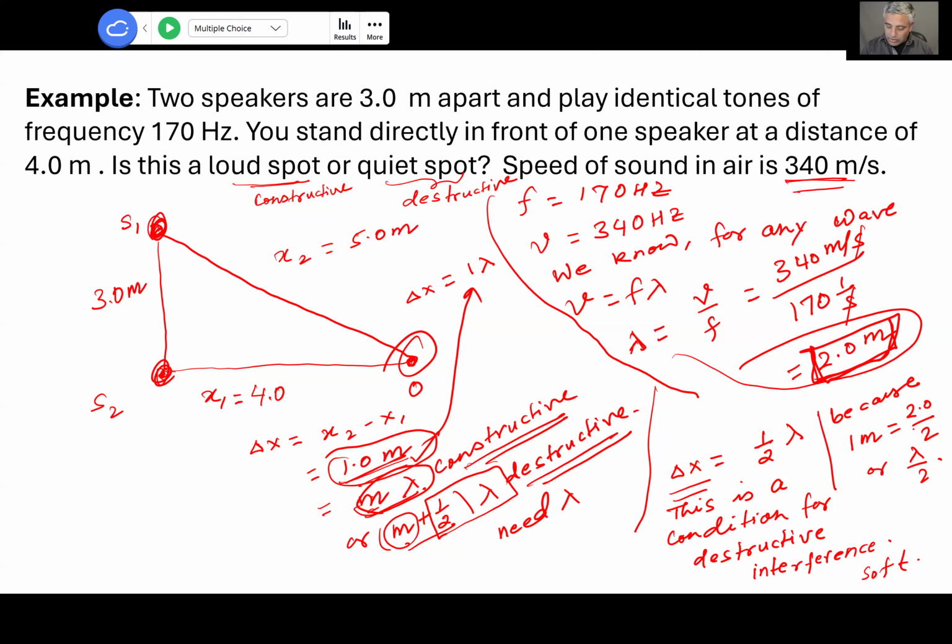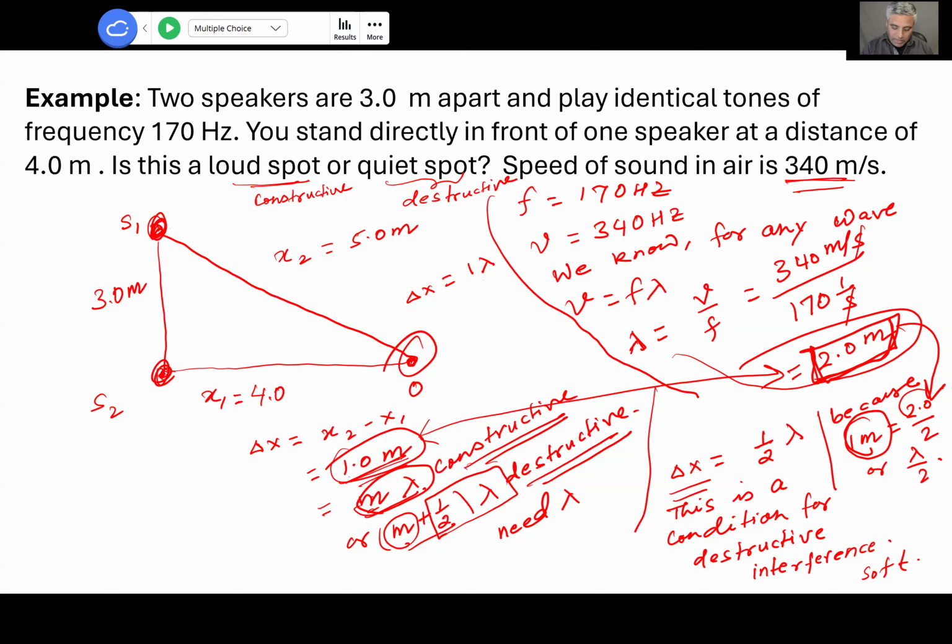See, we don't do this divided by 2 all the time. Here I did divided by 2 because this difference was 1 meter, and wavelength we got 2 meters. So what I'm saying is 1 meter is half of this 2 meter. We don't always do half, okay?